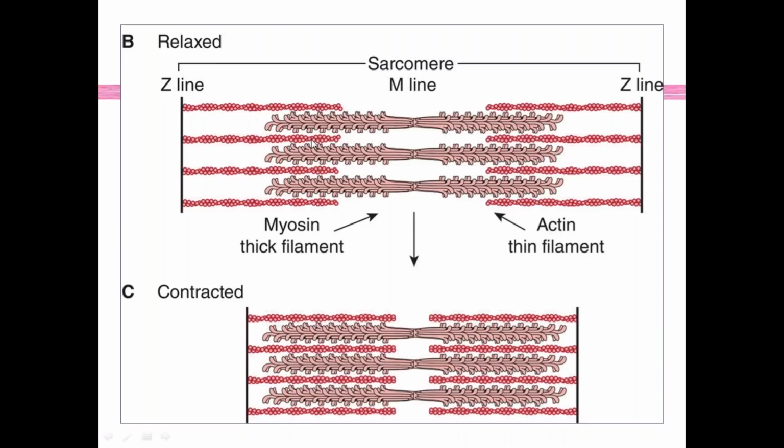When contraction does take place, you have overlap between the actin and the myosin. It's the myosin that moves relative to the actin. It attaches to the actin bubbles and moves them along, jump, attach to the next actin, move that one, push, and in doing so, it shortens the sarcomere and creates the overlap.